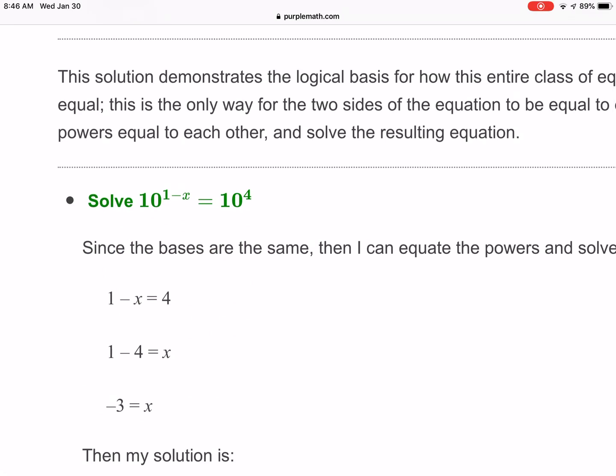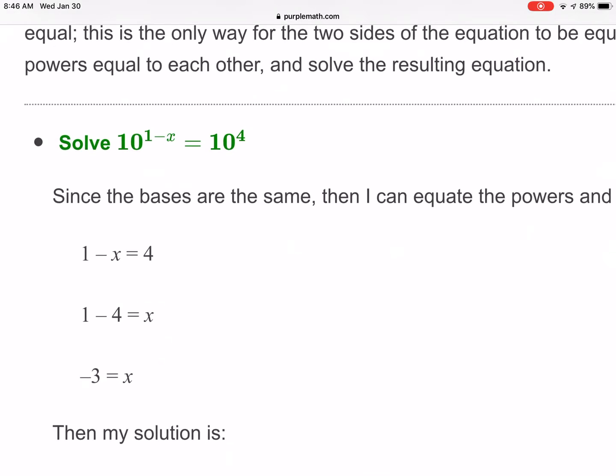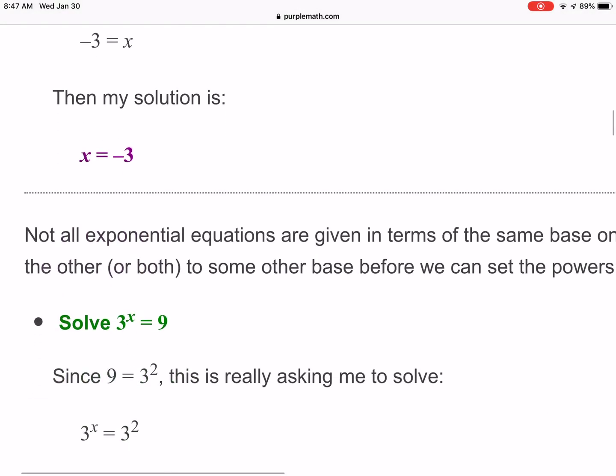This one's a little bit harder. 10 to the 1 minus x equals 10 to the 4th. And again, since both of the bases are the same, the exponents, 1 minus x, has to equal 4, as you can see in this equation. Then you solve for x by adding x to both sides and subtracting 4, and you get negative 3.